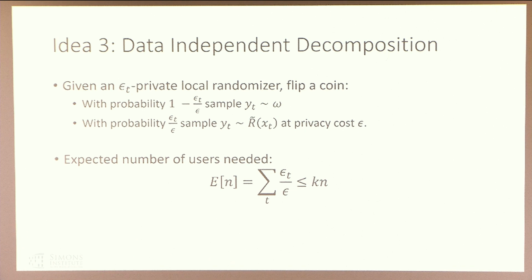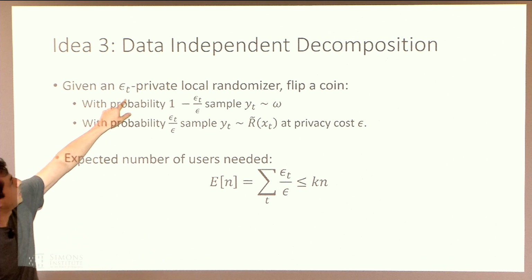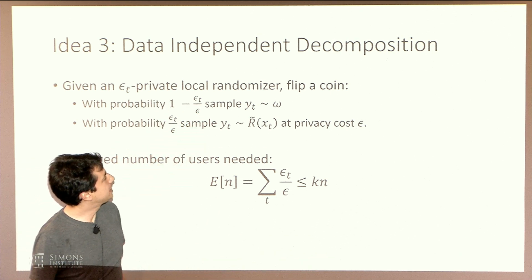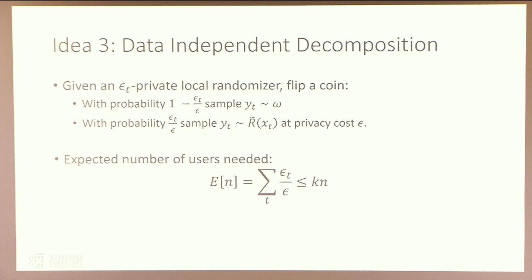So now here's the idea. Remember, we've already gone from a fully interactive mechanism to a sequentially interactive mechanism, but the sample complexity is really blown up. Now we're going to run that sequentially interactive mechanism, and every time the protocol tells us to run an epsilon t private local randomizer, we're going to publicly flip a coin. With roughly probability 1 minus epsilon t over epsilon, it's going to tell us we can sample from the data independent distribution.